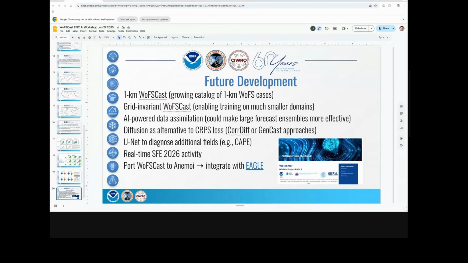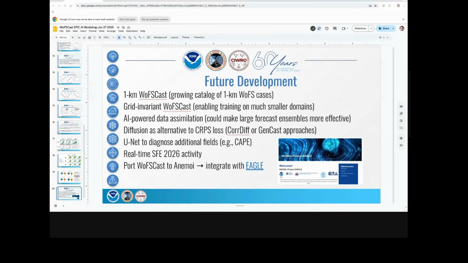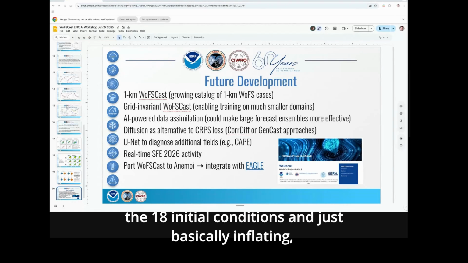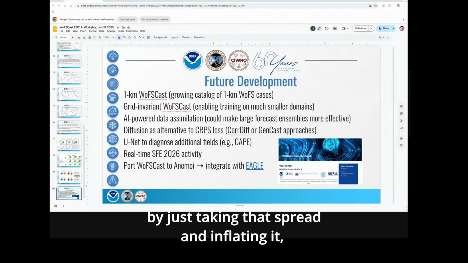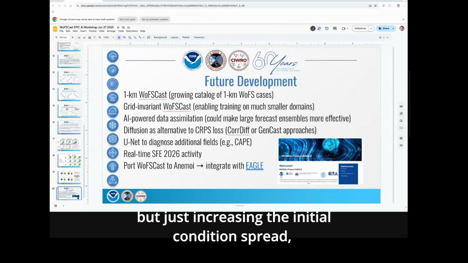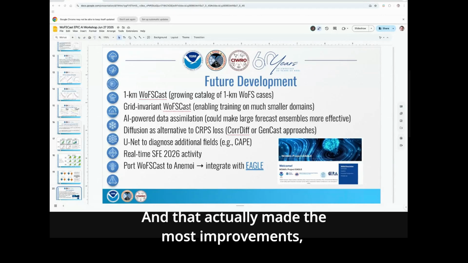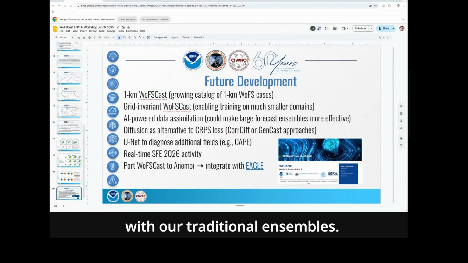But actually, the best improvements I got was simply by taking the 18 initial conditions and just inflating that spread. So keeping the 18 members, but just increasing the initial condition spread, which is something we could do in a dynamical context. And that actually made the most improvement. So I wonder if that's something we should just be doing with our traditional ensembles.